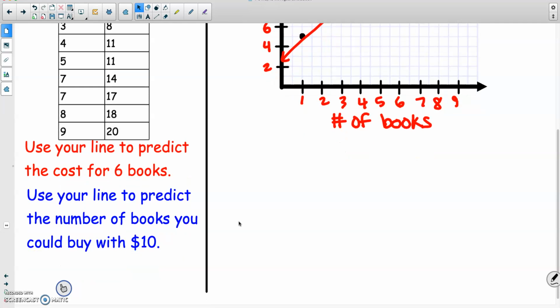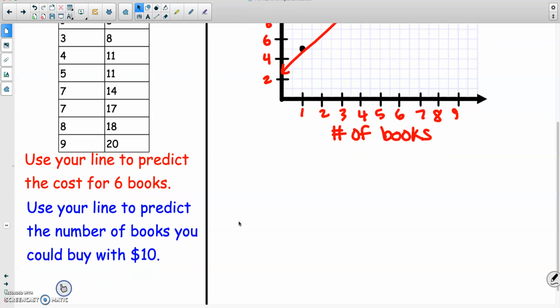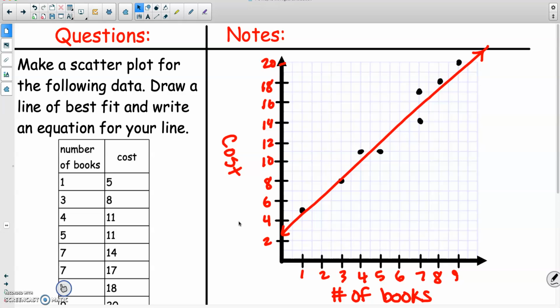So use your line to predict the cost for 6 books, and then how many could you buy for $10? Okay, so 6 books. So here's my 6 books right here. If I go up to my line like that, and then I go over, to me it looks like it's almost $14. So for part A, my estimate is about $14.